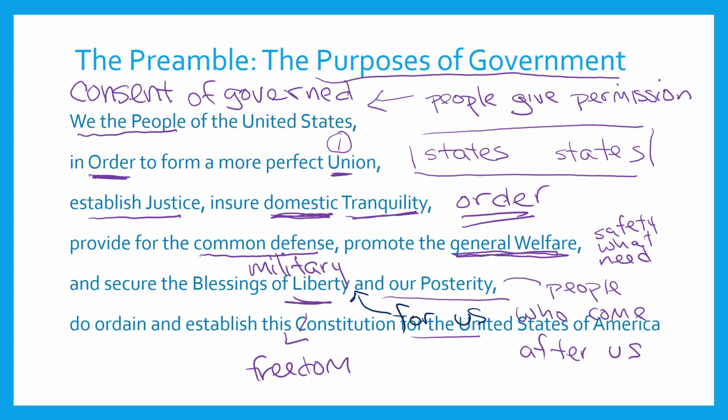Provide for the common defense. That's where we think military, defend us against others. Promote the general welfare, create safety, make sure that we can get what we need, and secure the blessings of liberty, liberty being freedom for us, so you and me, and our posterity, for the people who come after us.